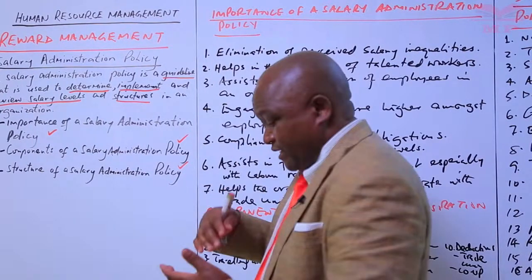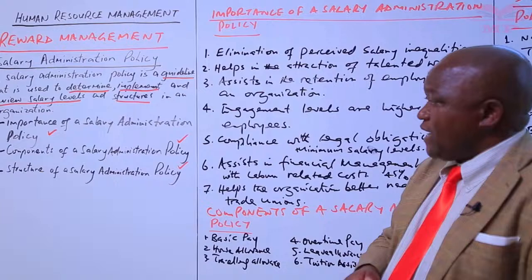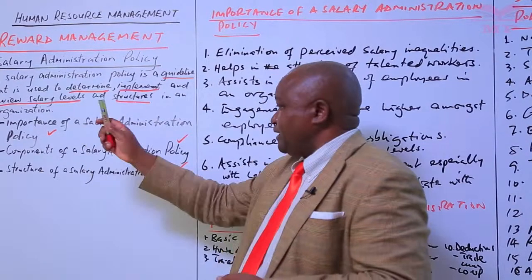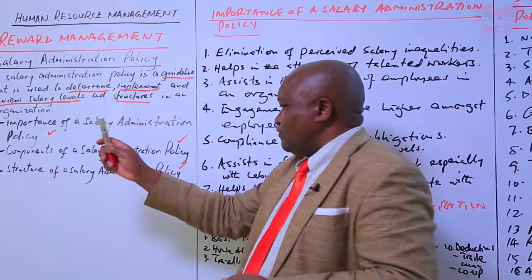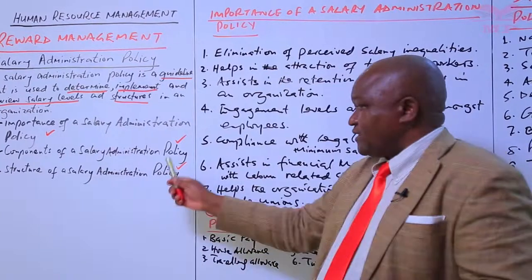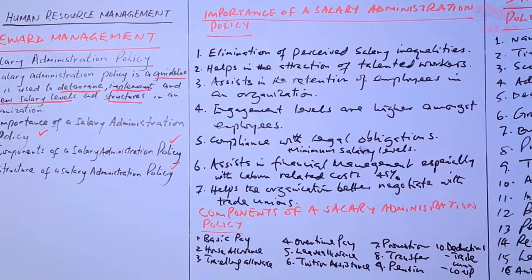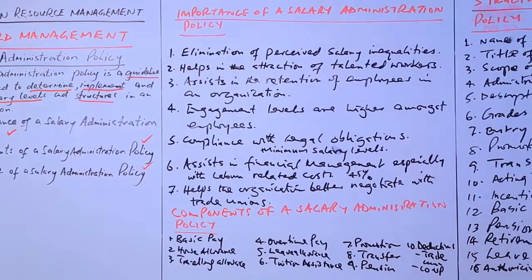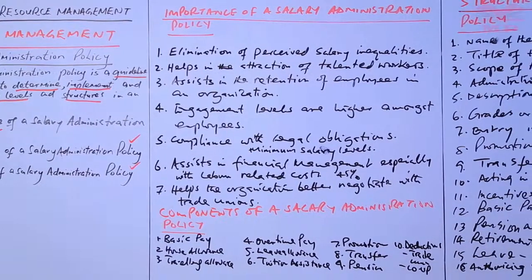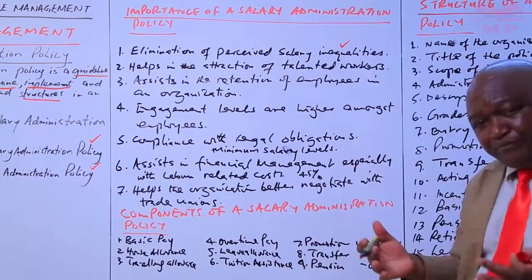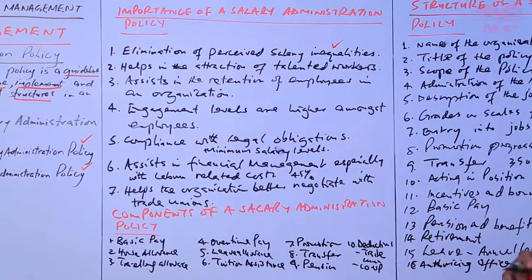And we indicated that we would look at 3 areas: the importance of a salary administration policy, the components of a salary administration policy, and the structure of a salary administration policy. Under importance, we have said, number 1, it helps in the elimination of perception of salary inequalities.